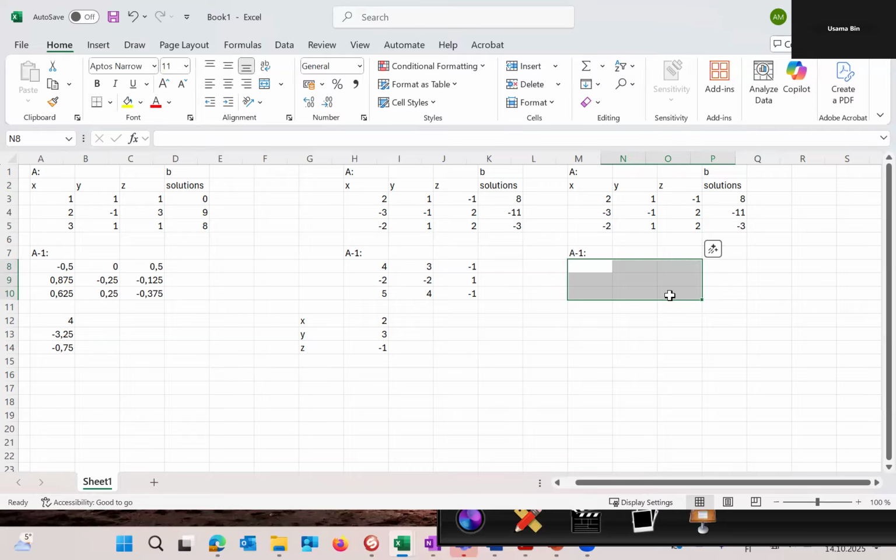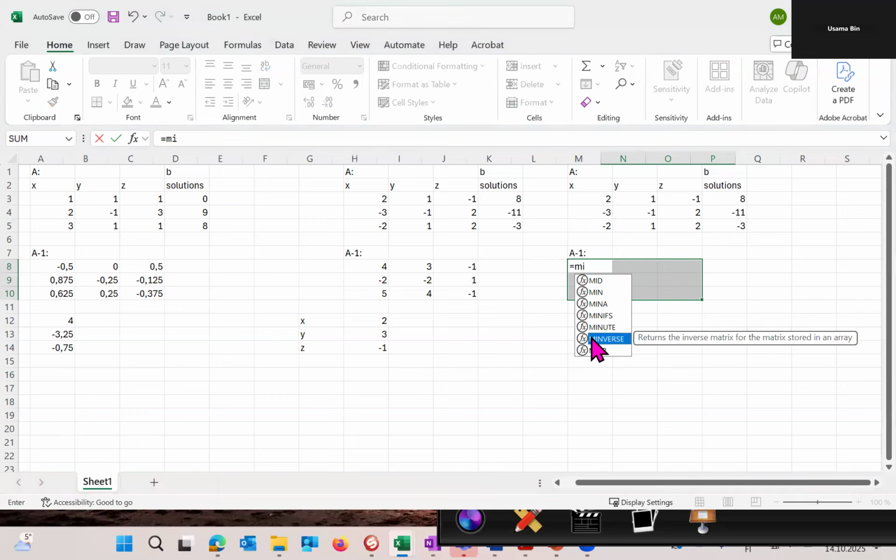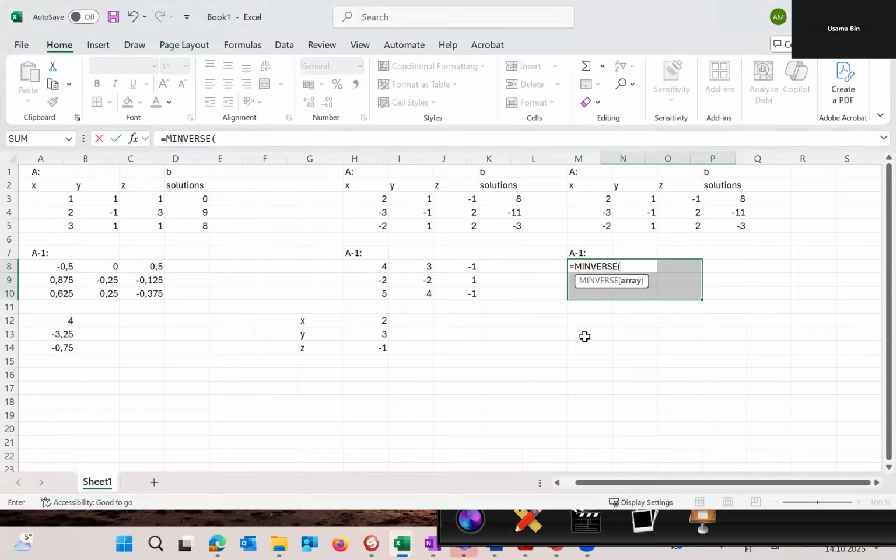And then I put the command from the Excel. So I just write the function there. It's the MINVERSE. MINVERSE means matrix inverse. And then I have to pick it. So I pick it. And now I have to put there of which numbers I want the inverse.